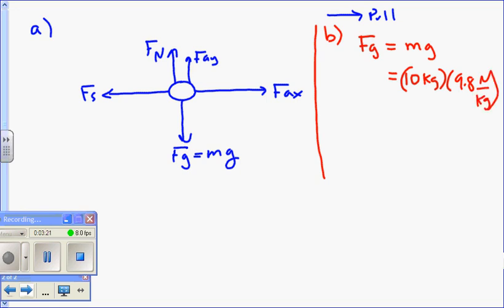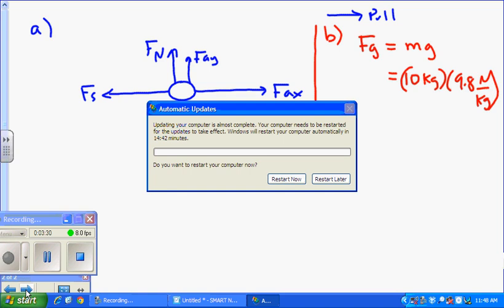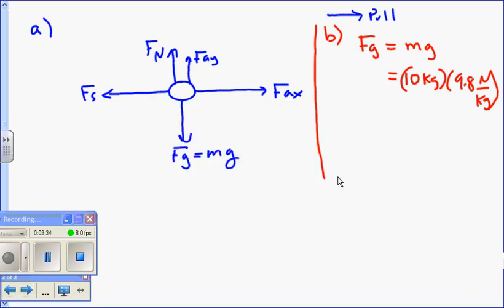Now that we're talking about dynamics, we'll express g in terms of the gravitational field constant, which is force per unit mass, newtons per kilogram. Just remembering that kilograms cancel, so I end up with newtons. So his force of gravity is 98 newtons. Okay, that's part B.